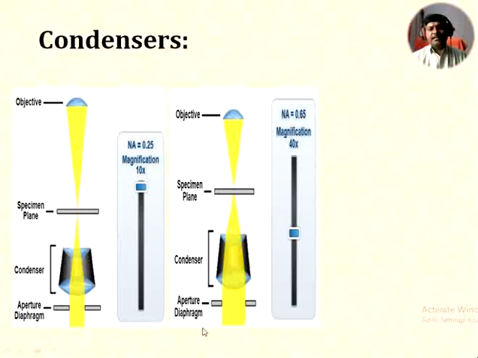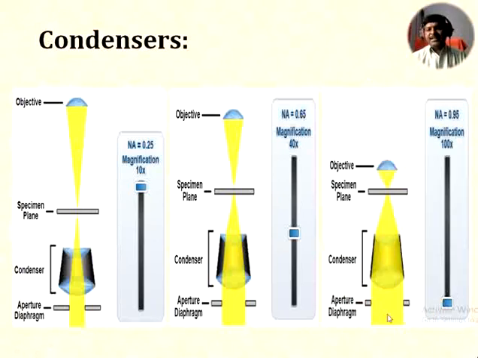Here the aperture diaphragm will allow more light to enter, and here the aperture diaphragm will allow less light to pass as compared to the 45x or 40x objective. See here, the diameter of the aperture is increased as compared to the 10x, 40x.